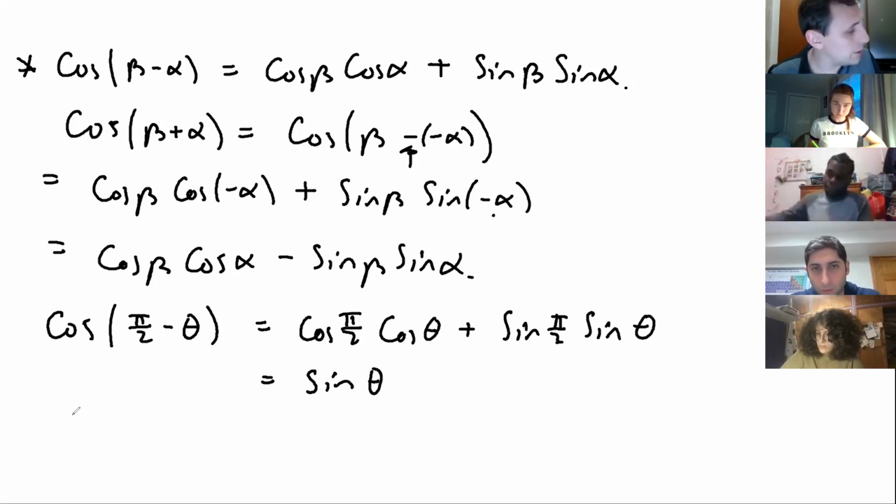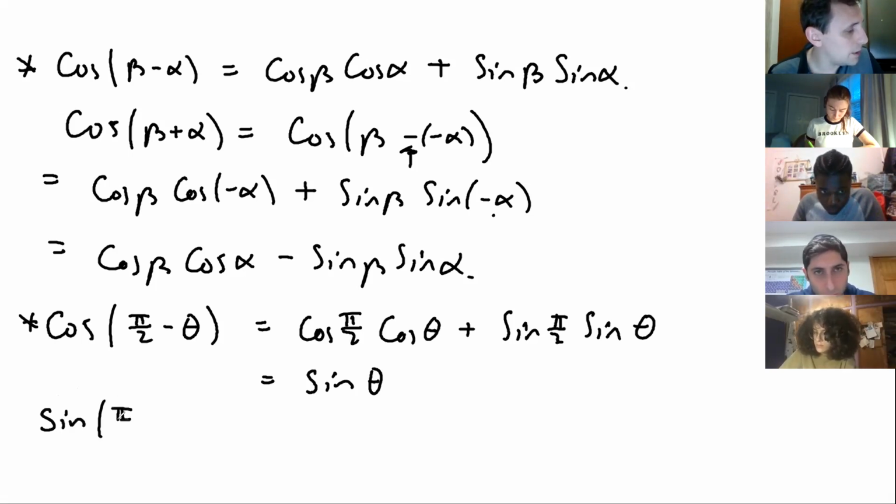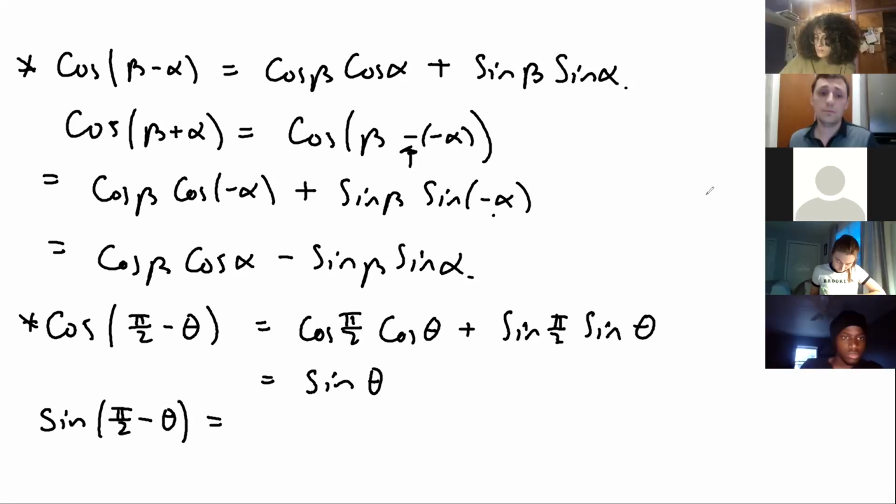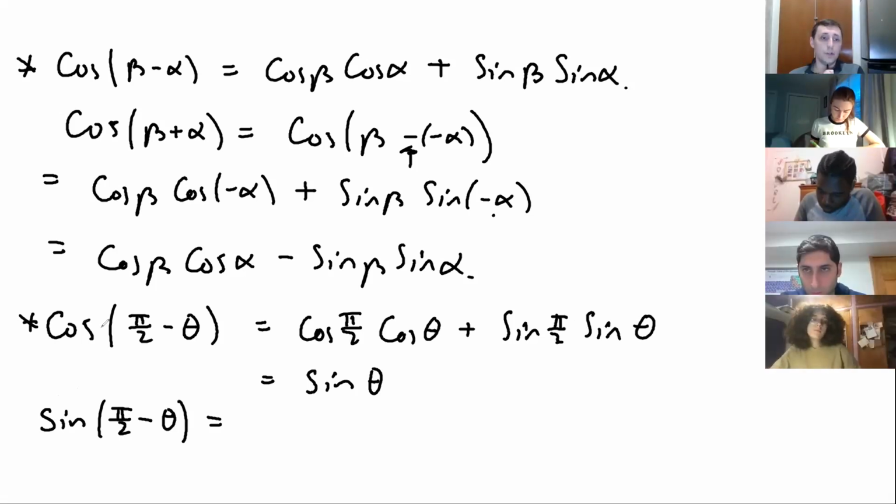Now please tell me, what does this imply, and how does this formula now allow us to figure out what is sine of pi over 2 minus theta? So I want to understand how to simplify sine of pi over 2 minus theta. What do I do? Give me the answer in terms of cosine, following from this formula.